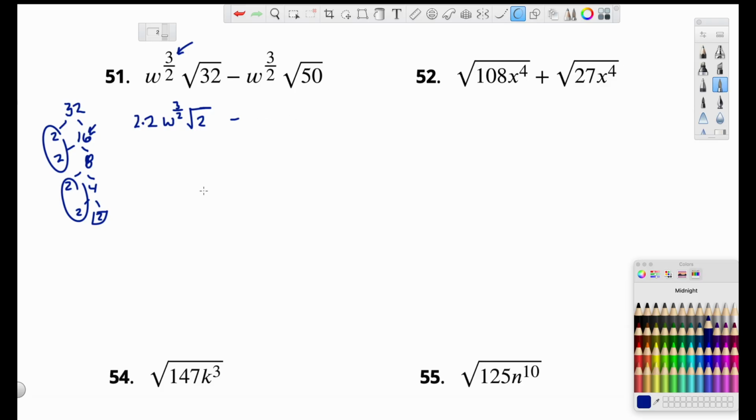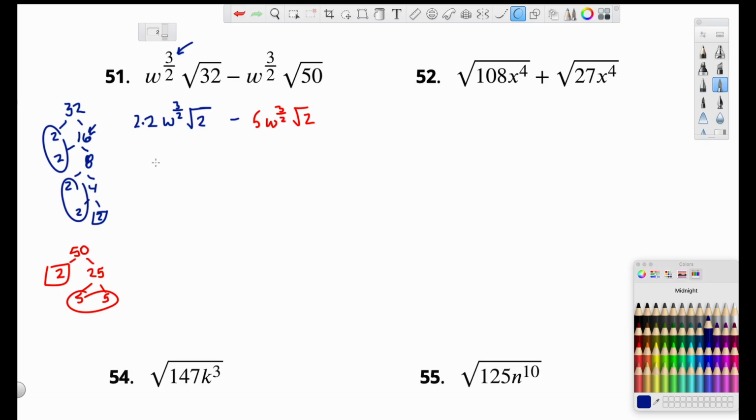Okay, minus. Now for 50, if we do our factor tree, we see 2 and 25, and 25 is a perfect square. So if I were to pull that out, you see our pair here, 2 is odd. So the 5 comes out. I'm going to write the w to the 3 halves, and then the 2 is the odd 2 that stays under the radical.